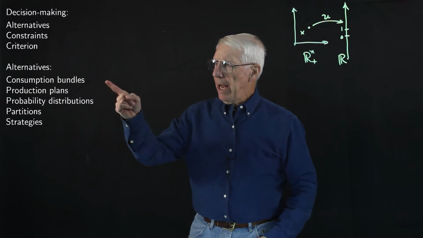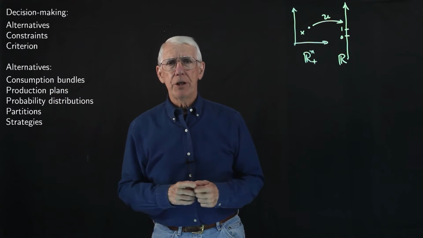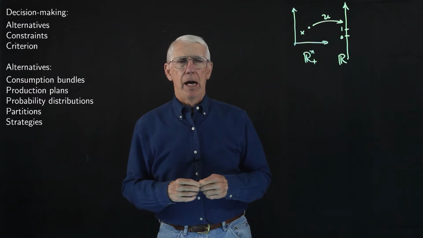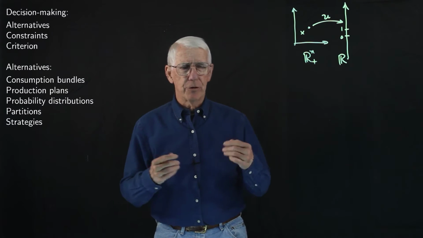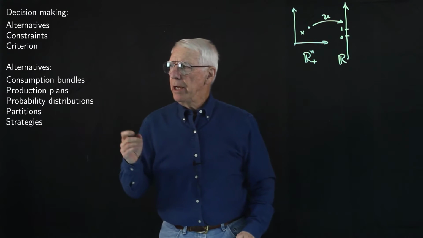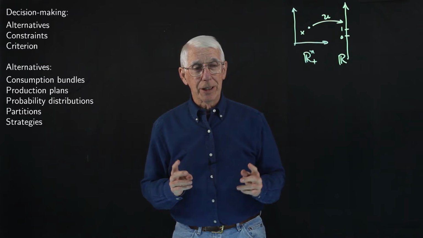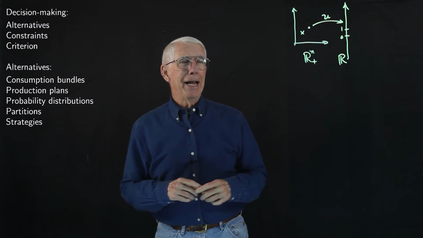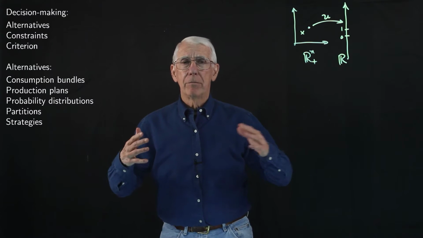A second kind of decision problem that we see in the first microeconomics course in your graduate program, for example, is in the theory of the firm, where the firm is going to choose a production plan from a set of alternative production plans.